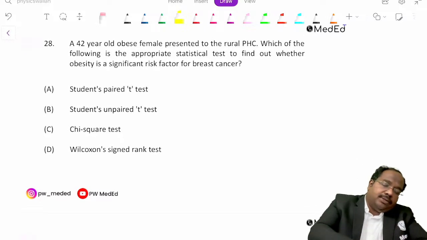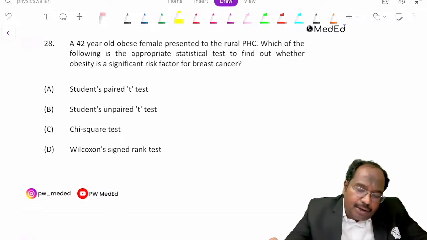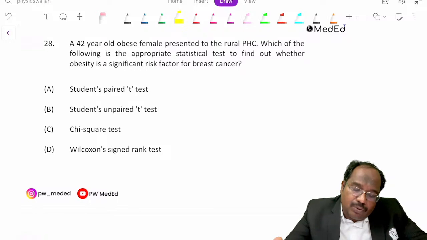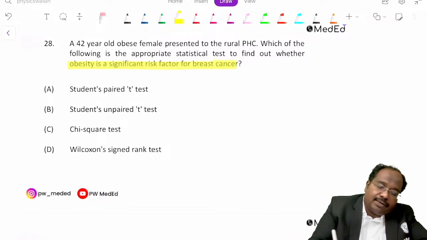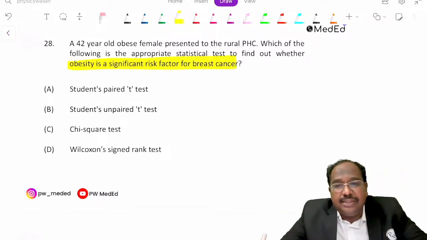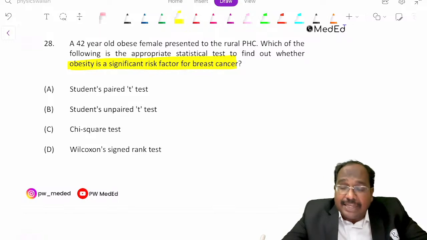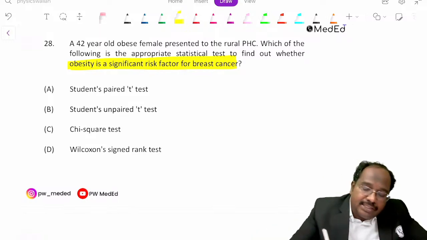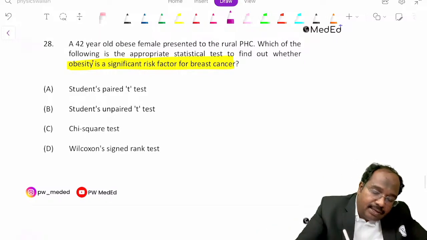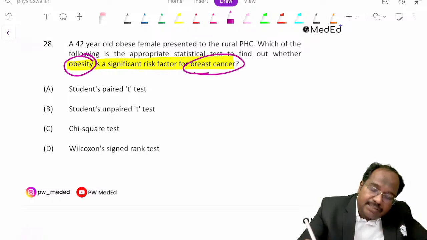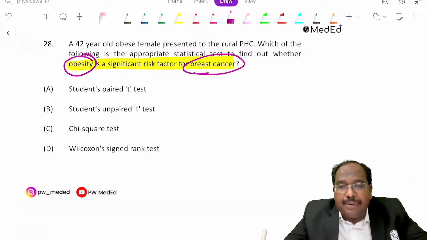Okay, next question. A 42-year-old female presents at a rural PHC. Which of the following statistical tests can find whether obesity is a significant risk factor? The question is looking for the test of significance, obesity and breast cancer.